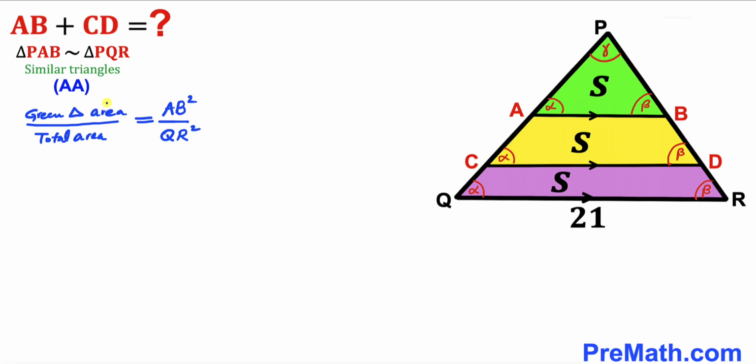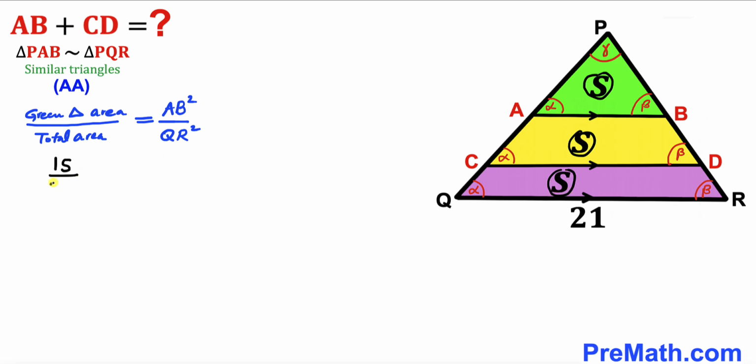And now we can see this green shaded region area is simply 1 times S. So I'm going to write down 1 times S divided by the total area of all these regions. That means the triangle PQR area is going to be 3S.